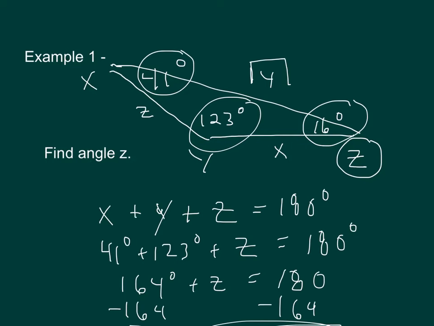So that would be your largest side. Tell me what the next largest side would be. That's correct. It'd be side x, because the angle is 41 degrees, which is greater than 16 degrees. And then the smallest side would be, that's right, z. So again, we see these relationships between angles and sides, in addition to understanding that the sum of the angles of a triangle add up to 180 degrees.